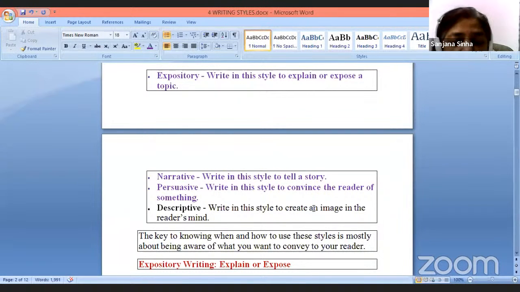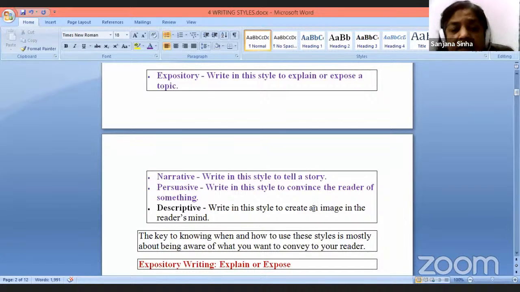When you're writing a business proposal, then you can choose this style, persuasive style, because you want to convince. You want to see that the decision is made in your favor. You want to convince the reader of what you want, of your demands. You want to convince the reader that yes, your proposal should be accepted.